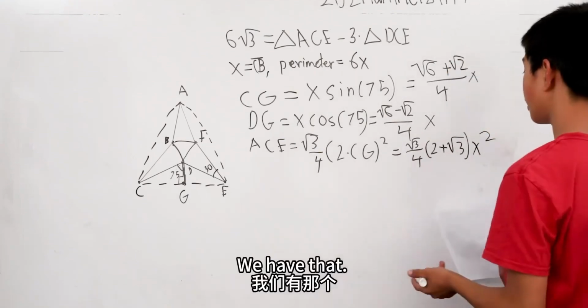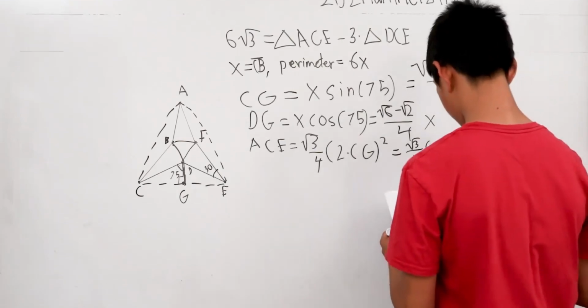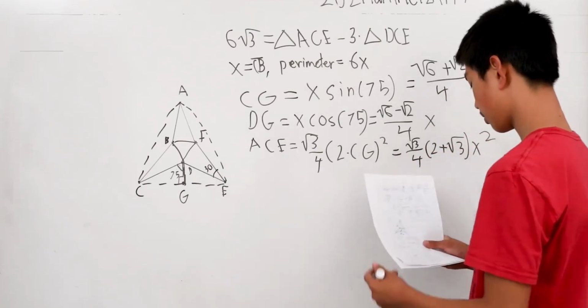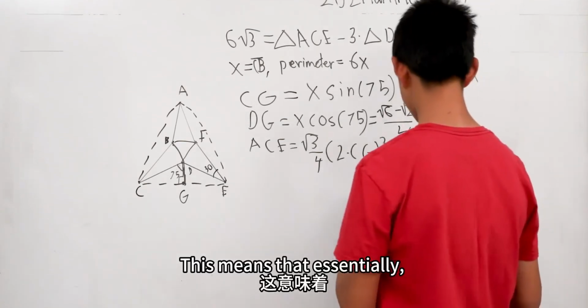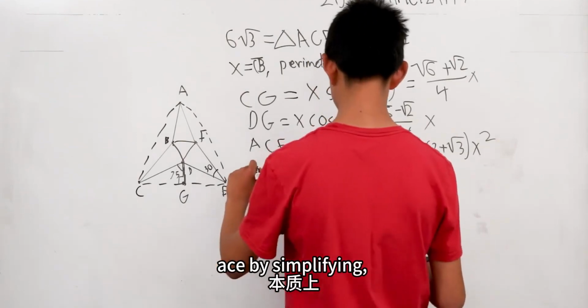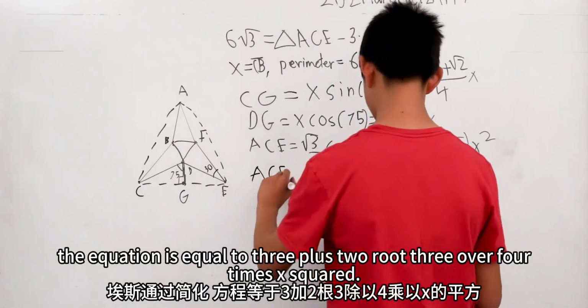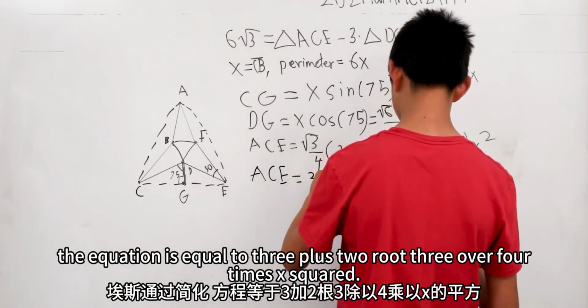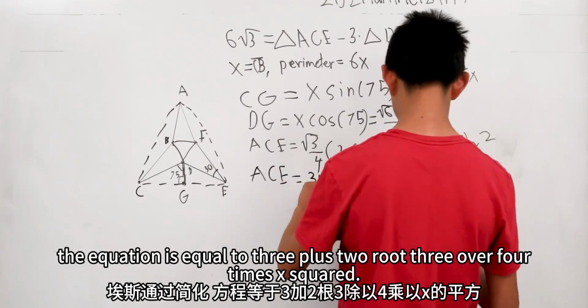So we have that. And, well, now, let's see what else we can do. This means that essentially ACE, by simplifying the equation, is equal to 3 plus 2 root 3 over 4 times x squared.